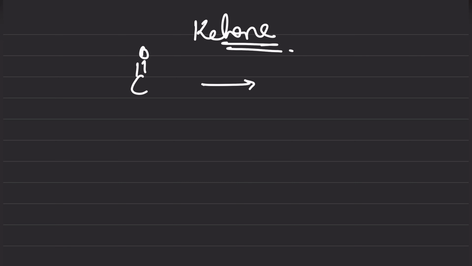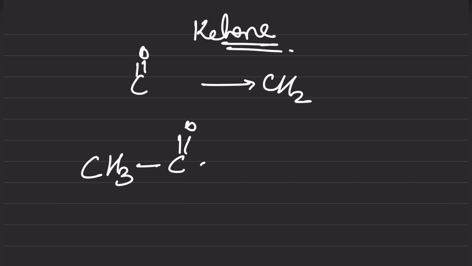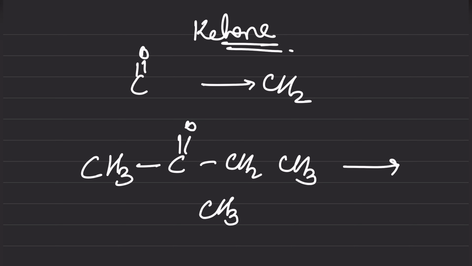Let's see what will happen if a ketone is there. If a ketone is present, it reduces the C=O to CH2. Suppose there is a ketone CH3 C double bond O CH2 CH3. What will the answer be? The answer will be CH3 CH2 CH2 CH3.